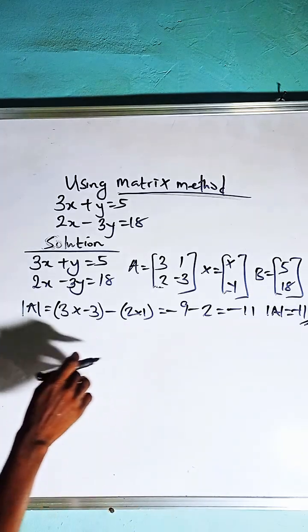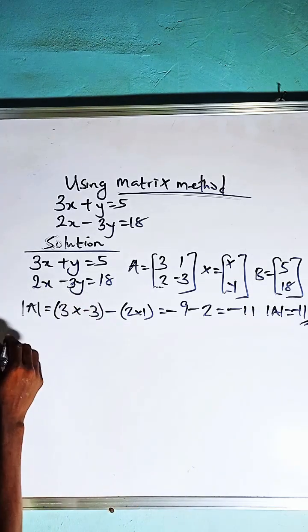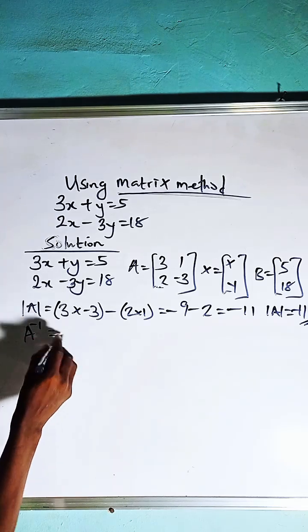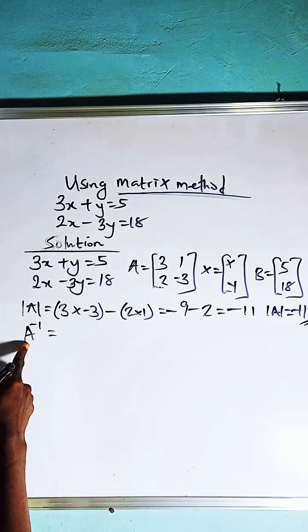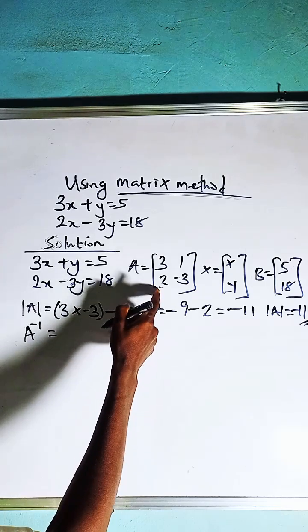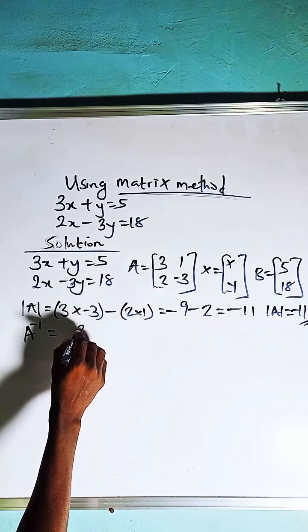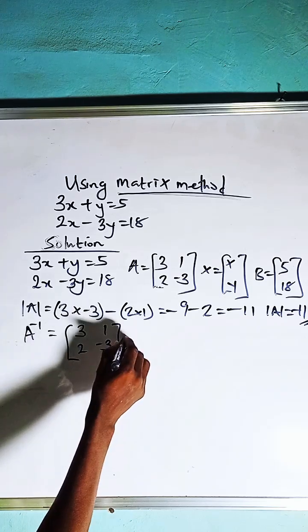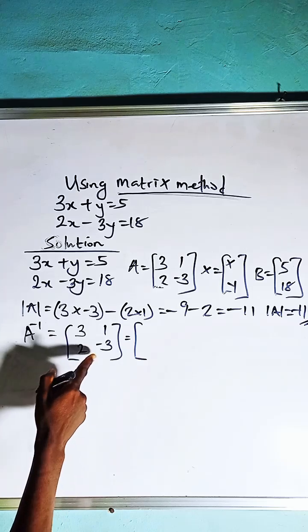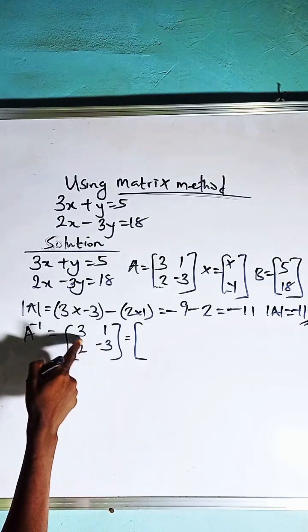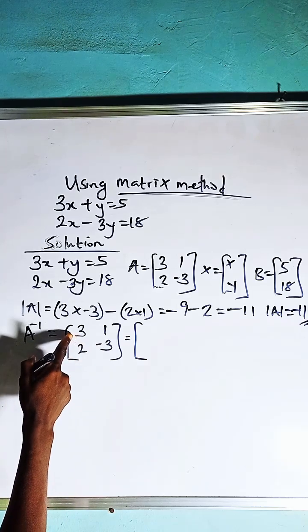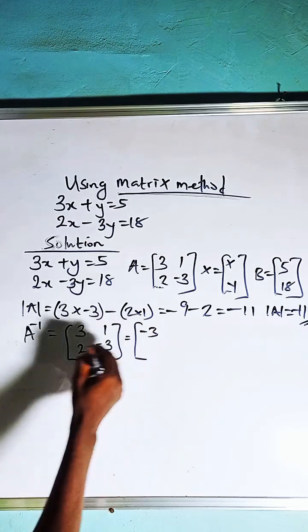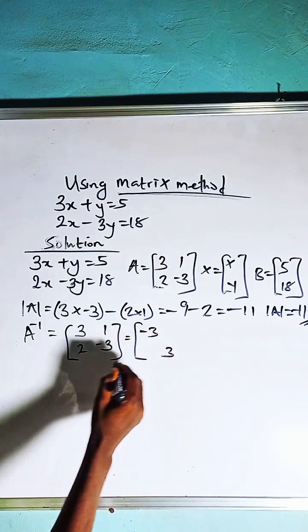Now the next thing we do is to determine the inverse of matrix A. What do we need to do to get the inverse? We have 3, 1, 2, minus 3. We interchange the positions on the leading diagonal, so minus 3 comes here and 3 goes to this position.